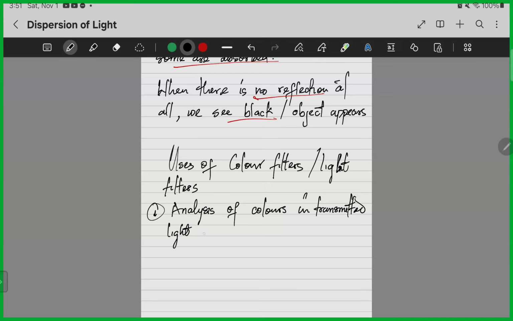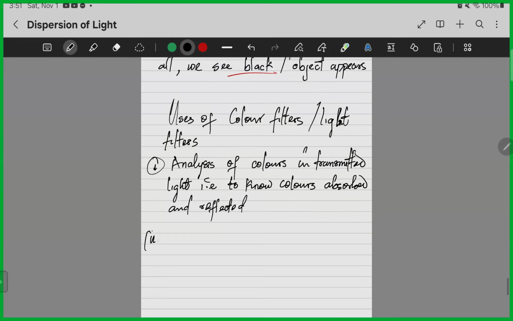That is to know which colors are absorbed and which colors are reflected.